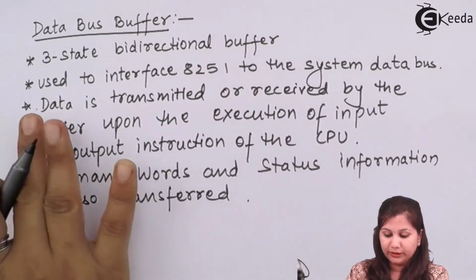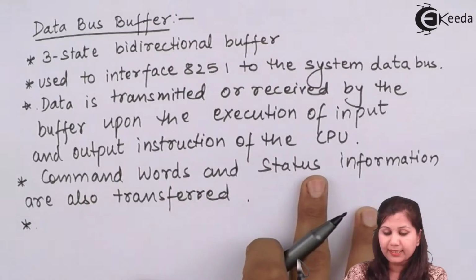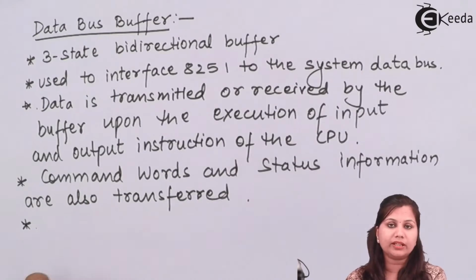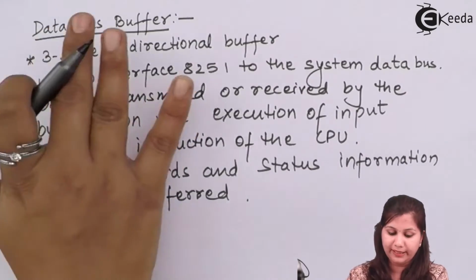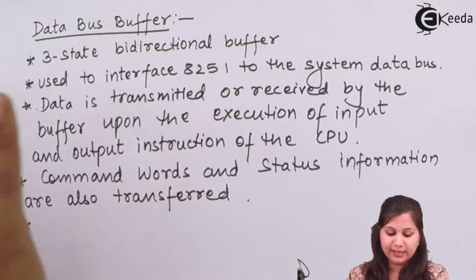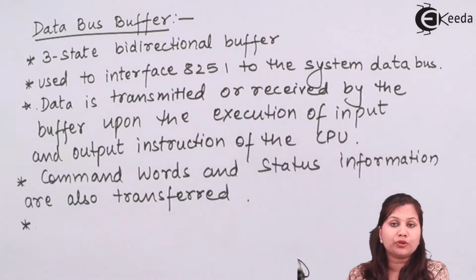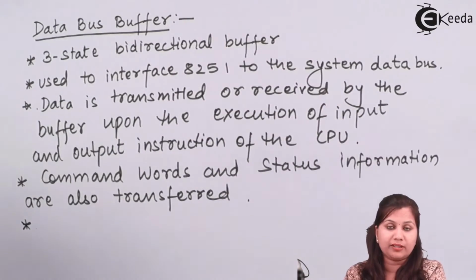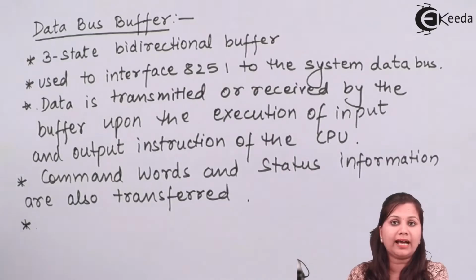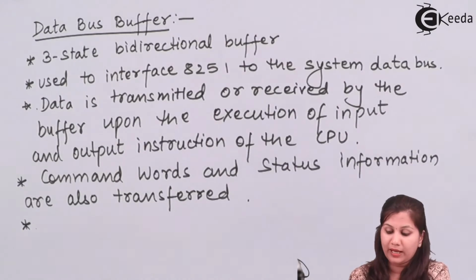Okay, so the data, command words and status information, all these three are transferred through this data bus buffer. Now this data bus buffer, because it is a tri-state bidirectional buffer, is working in both directions. It is sending the data and it is receiving the data. That data will be 8-bit data.